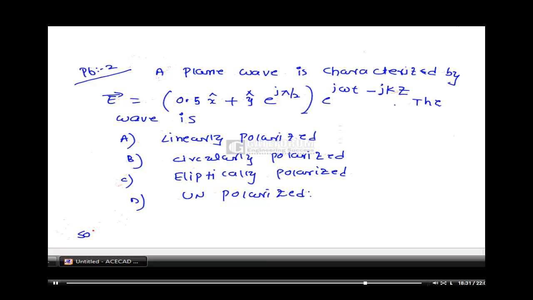The solution to this problem is, write down the amplitudes E1 and E2. It is very clear, the x component, that is the Ex component amplitude, is 0.5. So E1 is equal to 0.5. The Ey component, the y bar component, is 1, so E2 is equal to 1.